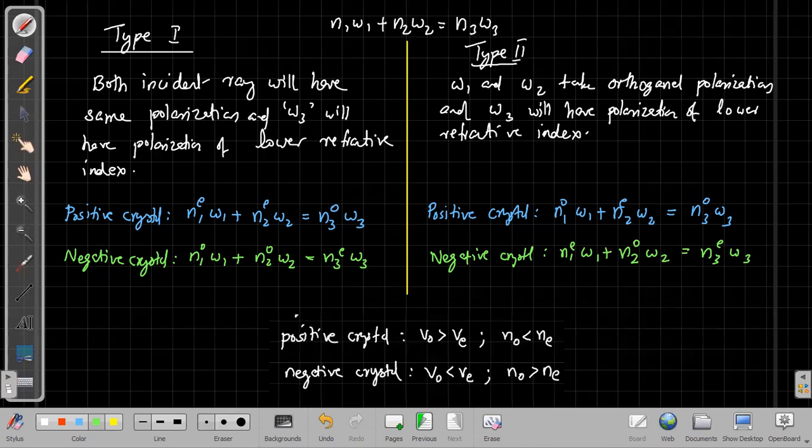And there is another way called temperature tuning. Experimentalists have found many ways to achieve this kind of phase matching condition using crystals. If you go to any good lab doing experiments in nonlinear optics, you can observe these things there.